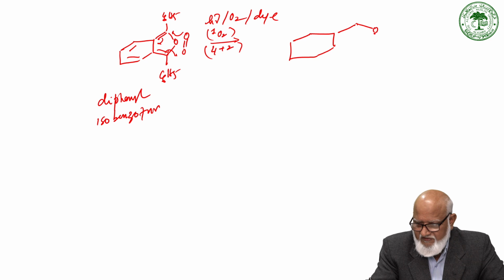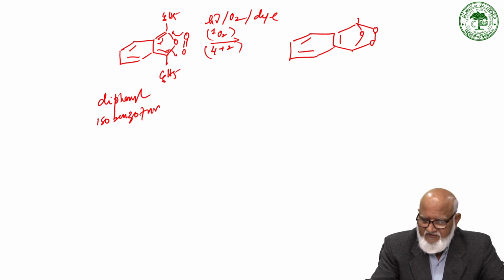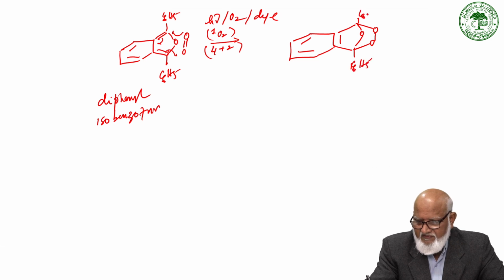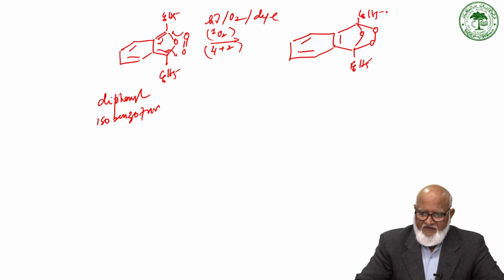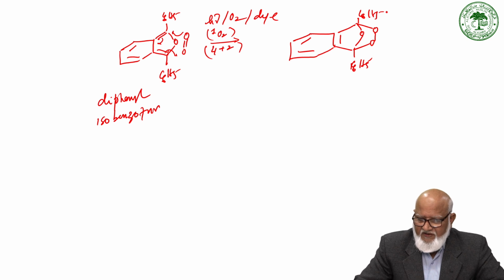You have a double bond and then there is an oxygen here. So this oxygen is bridging, and the phenyl groups are C6H5.